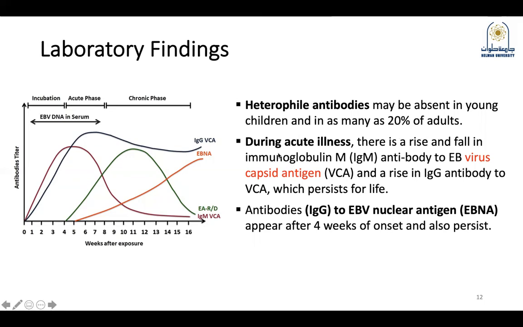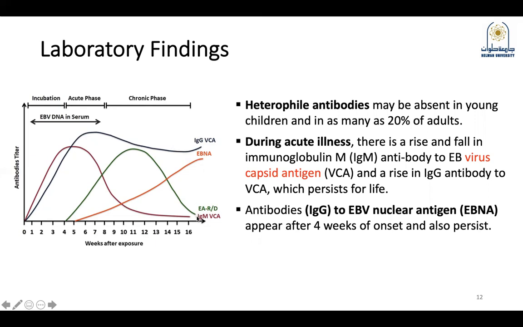But during the acute illness, we have IgM, immunoglobulin M, against the Epstein-Barr virus capsid antigen, VCA. This is the first antibody to rise during the incubation period and the acute infection, and it will fall later on. Meanwhile, there is also a rise of the Epstein-Barr virus IgG for the viral capsid antigen, and it persists for life.